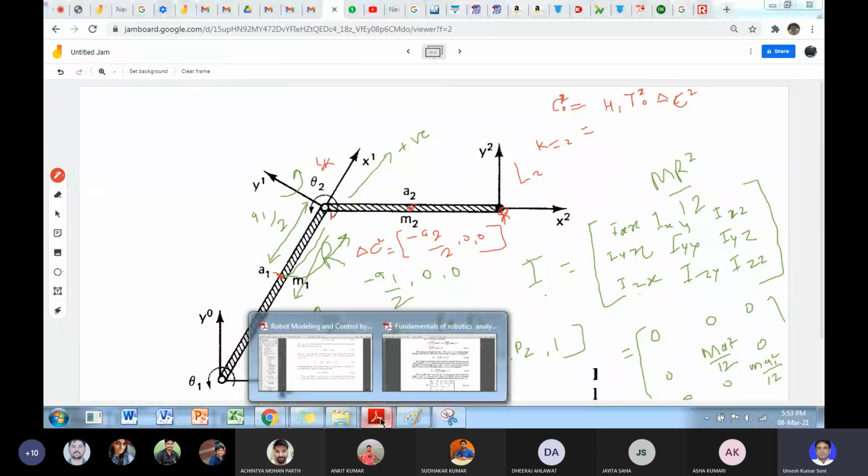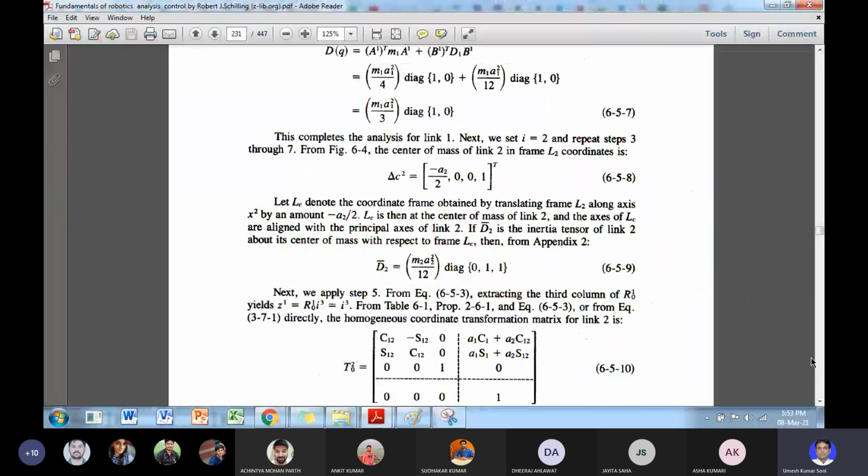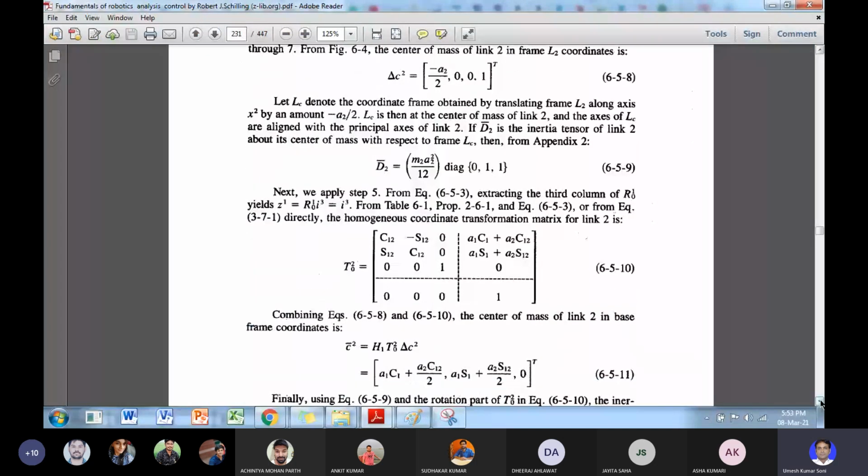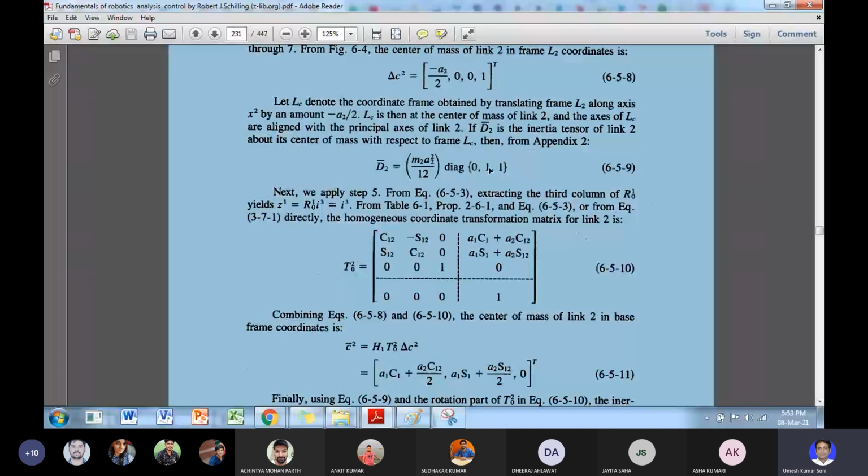So from here you will calculate this. And similarly as in the previous section, the same 0 1 1, because the link has the same construction.